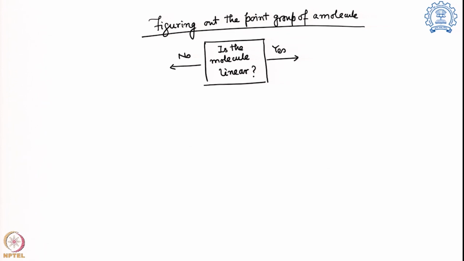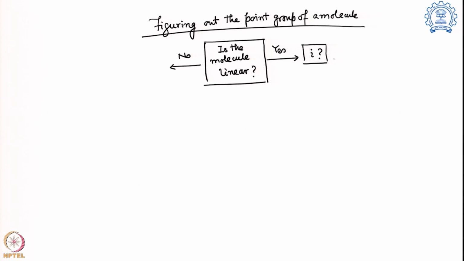If the answer is yes, then the next question I am going to ask is: do you have a center of symmetry in your molecule? Because if you remember, a linear molecule can belong to two different point groups, either C infinite V or D infinite H. The difference between these two is that D infinite H contains a center of symmetry, and C infinite V does not.